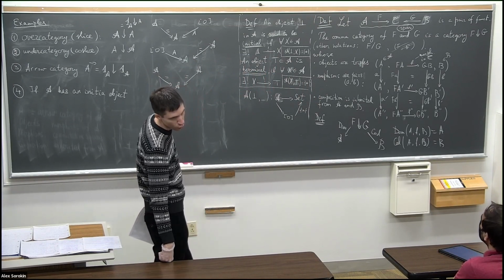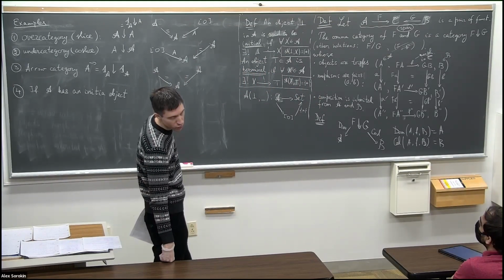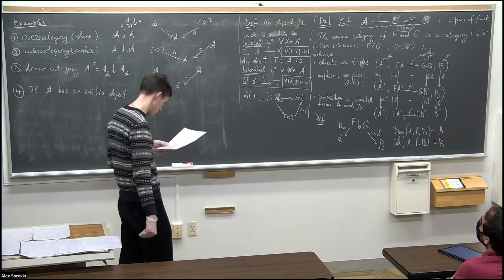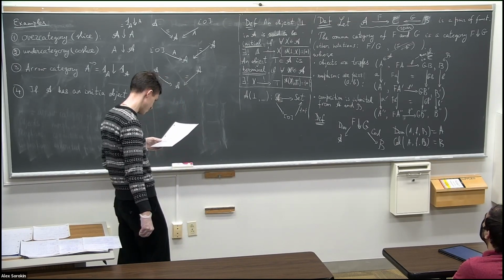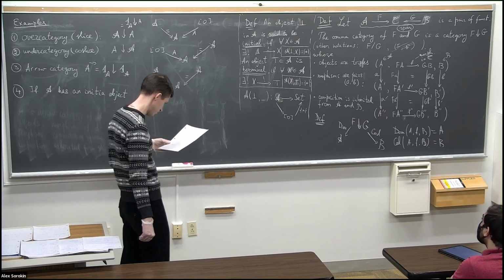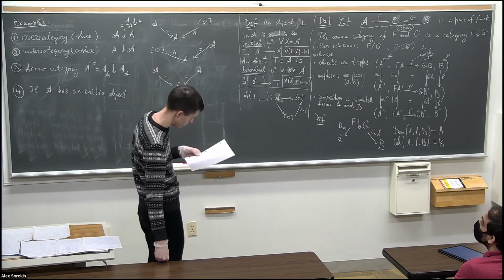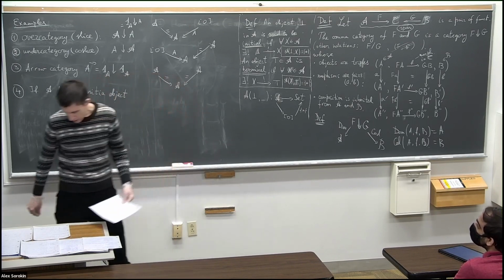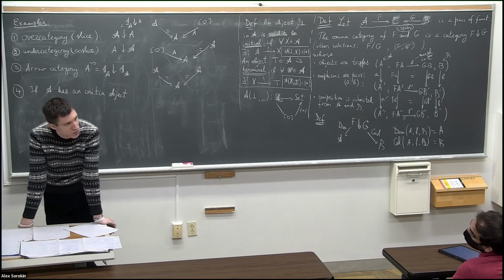So the object is initial if... Is it if and only if there? Is it something like an equivalence between the slice category? Later, you will see how this is related to limits, and all the questions will disappear.